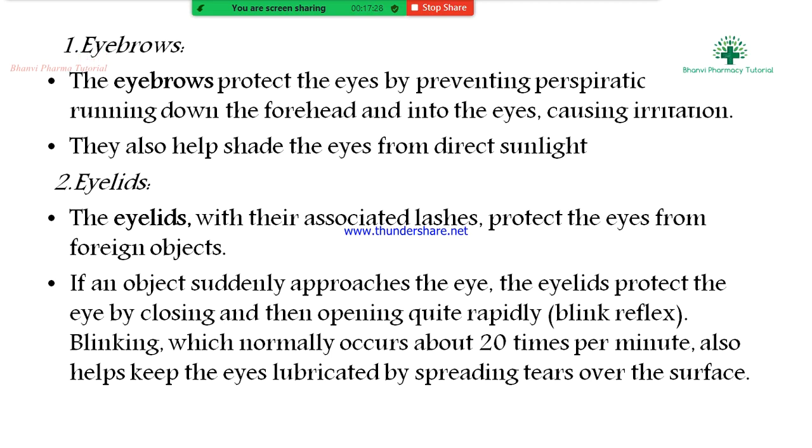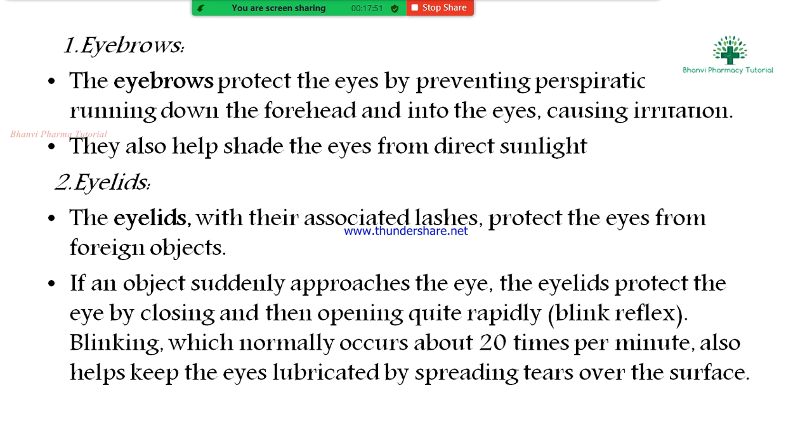Without eyebrows, it would come into direct contact with the eye and cause irritation, since the sweat contains salt and some microorganisms. That's why the eyebrow protects against that running down the forehead.